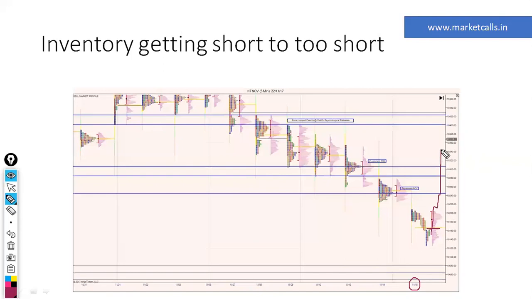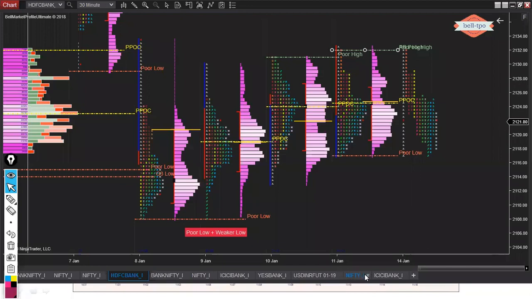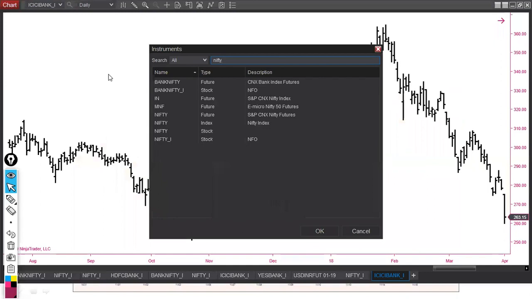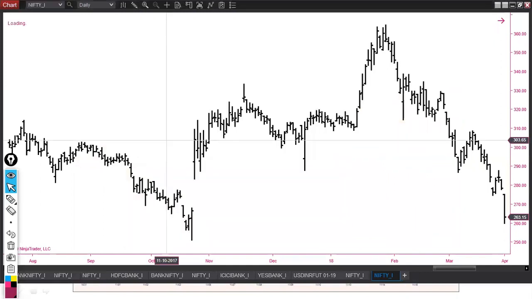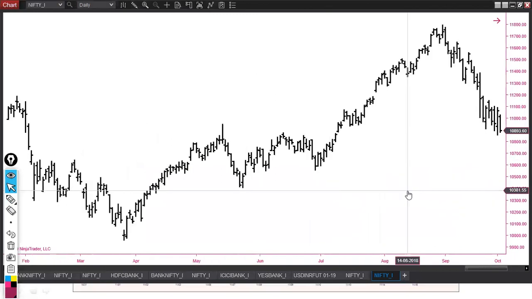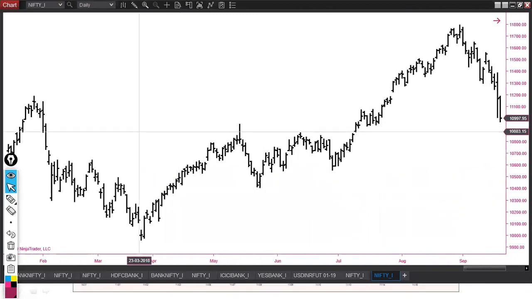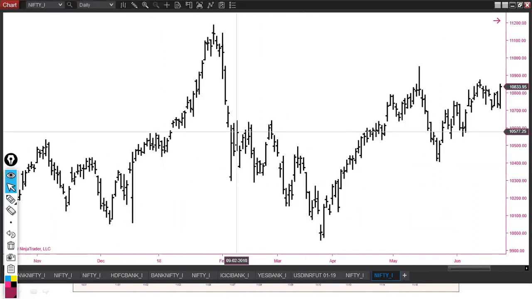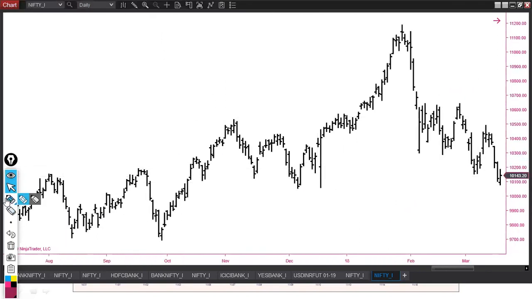If you look from the daily chart perspective, it will be like this. We'll go back to the Nifty chart, same November month. This is where the Arcom default date comes, right?